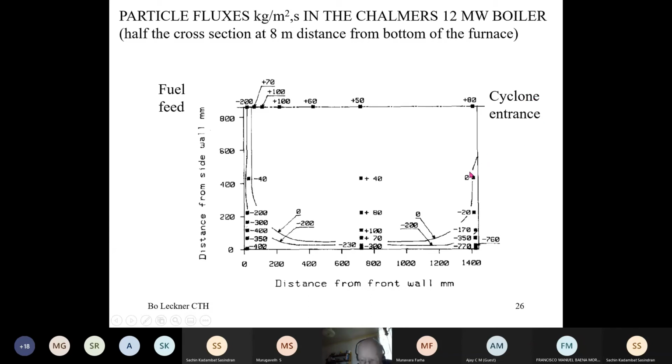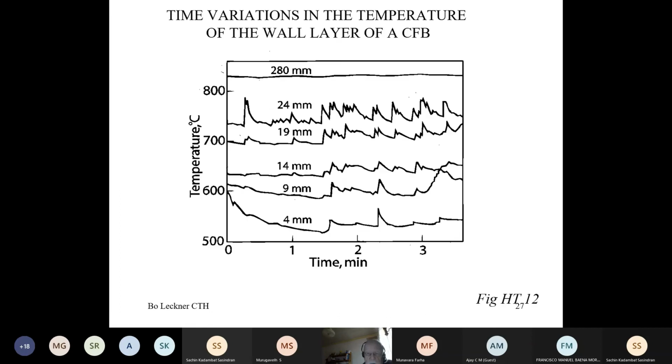Here you can see iso lines of particle fluxes. There is an upward flux in the core, which is the circulation flux, but then there is a downward flux in the wall layers, and particularly in the corners there is a very strong downward flux. So this is what we are talking about, the wall layer.